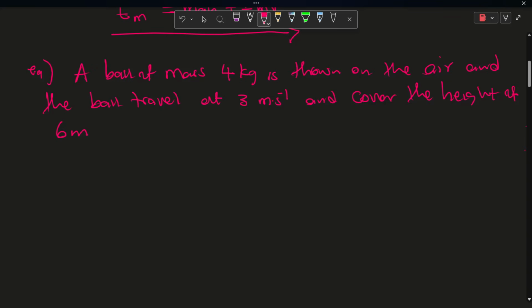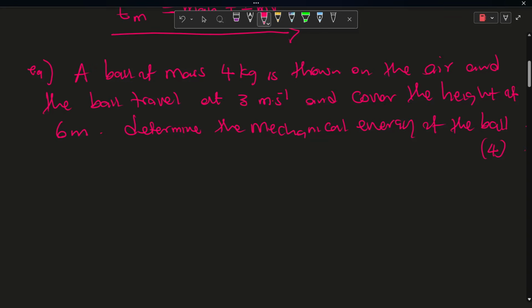This is the information that we are given. Okay, now look at this one. Determine the mechanical energy of the ball. 4 marks.